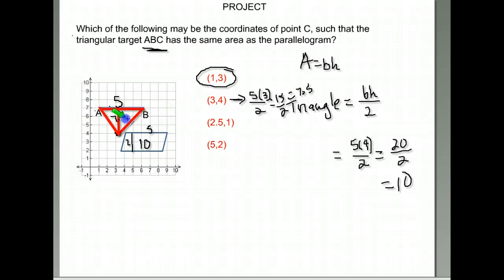So the area of this triangle is 7.5 if I use the point 3, 4 as my point C. That is not going to work. We wanted it to have the same area as the parallelogram, and it didn't work. So that's what it looks like if you're doing trial and error with the points and it doesn't work. Unfortunately, we didn't get to do many because our first point just worked out. When we used 1, 3, we had a triangle that had the same area as our parallelogram. But if it hadn't worked, we would have just gone through and tried all of these points until we found one that did.